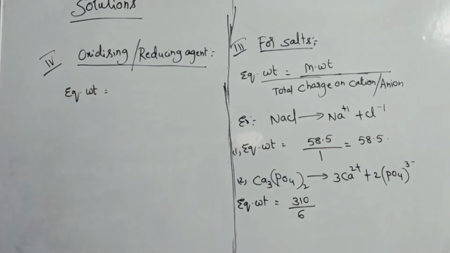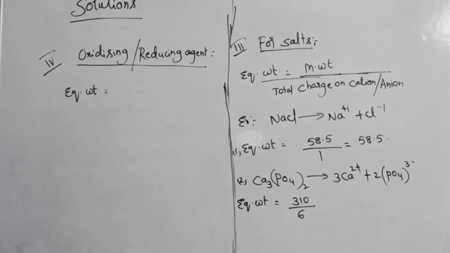Here the zeros get cancelled, this will become 1 by 10. 1 by 10 into 278 by 10 is left. Here 2 zeros got cancelled, 10 is left. So 278 by 100, which is equal to 2.78 grams.